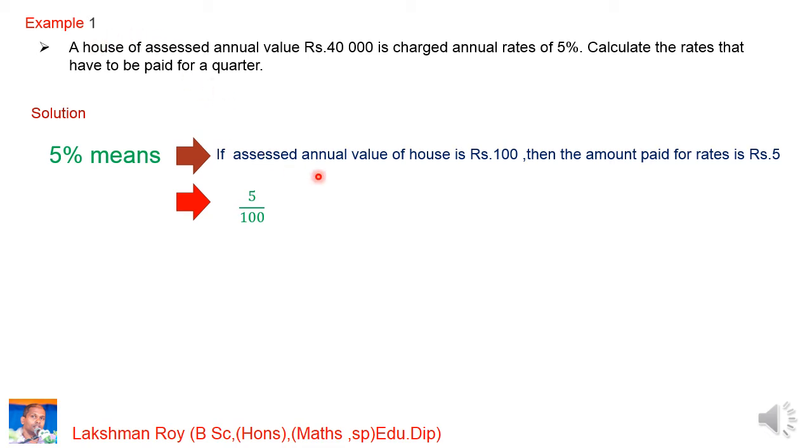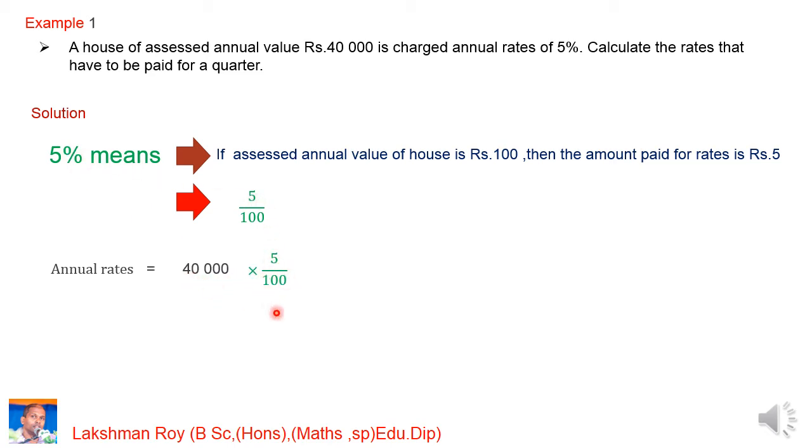Here, assessed value is 100 rupees, you have to pay 5 rupees tax. Now in this question, assessed value is 40,000 rupees. That means you have to find how much should be paid as tax for the assessed value 40,000 rupees. Annual rates: for the 40,000 rupees, you have to multiply by 5% that is 5 over 100.